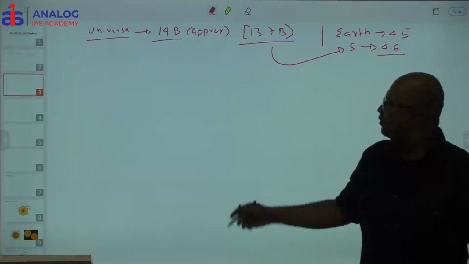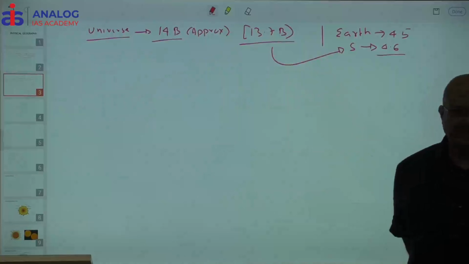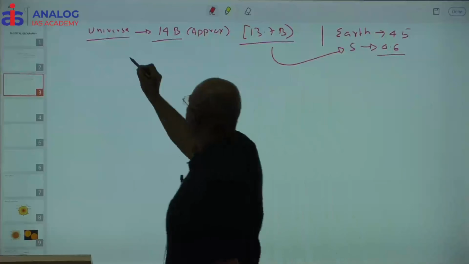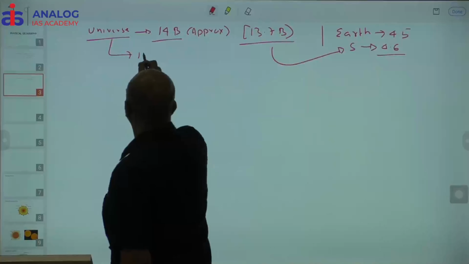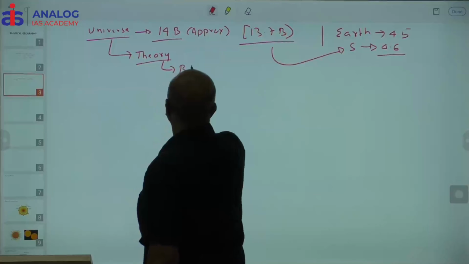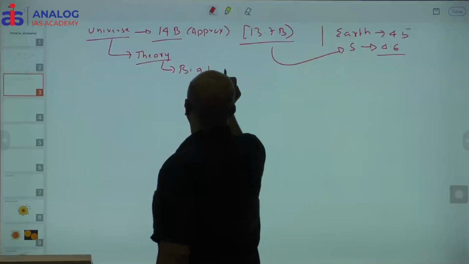Now, when we talk about this perspective, which theory explains the formation of the universe? The Big Bang theory is the one which tries to explain the formation.